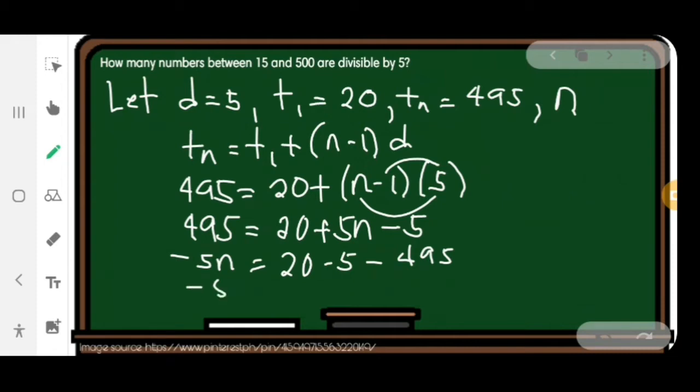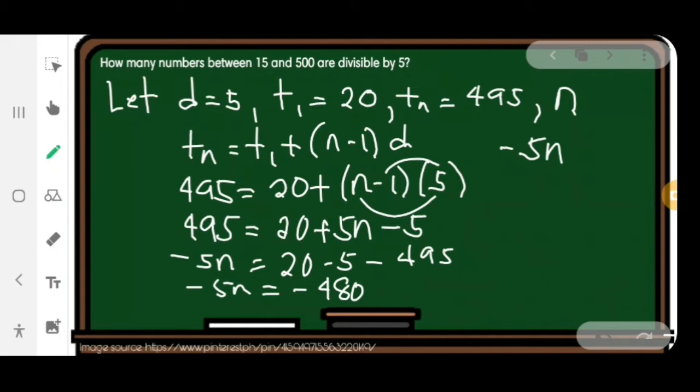Copy negative 5n, then add 20 or combine 20 minus 5 minus 495. So that is equal to negative 480.